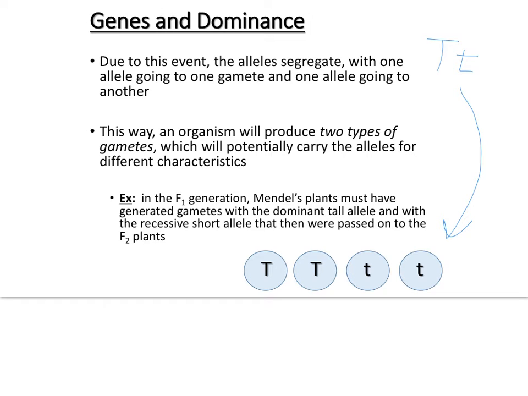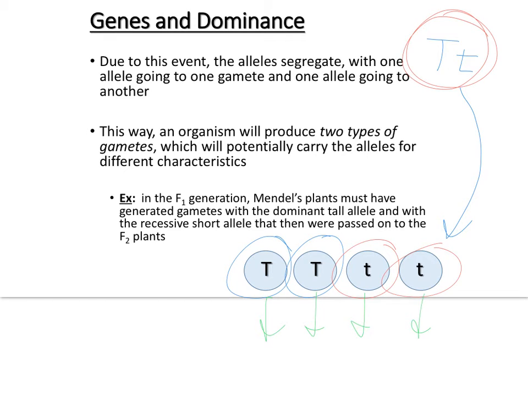So it could give a big T in its gamete, or it could give a little t in its gamete if it starts out with big T and little t as its alleles. And then these gametes are what go on to form the new organism, or in this case the new plant, and will carry with them either the information to be tall, if it comes from a big T gamete, or short, if it comes from a little t gamete.